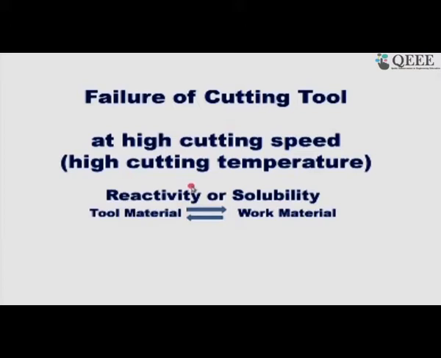It is reactivity or solubility. These two materials, tool and work, can react, and then there will be loss of tool material, or it may be that the work material acts like a solvent and dissolves the tool material. So, both are possible, and this is one thing one has to pay attention to.